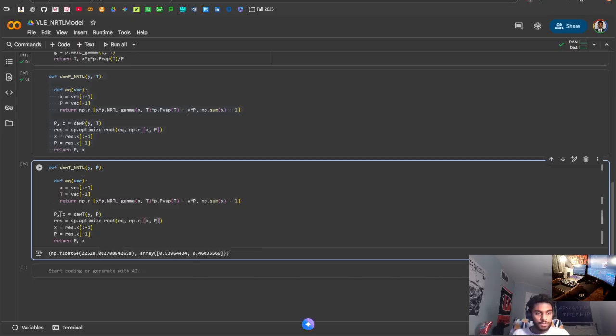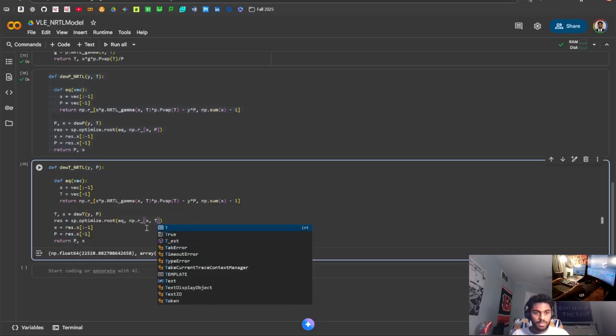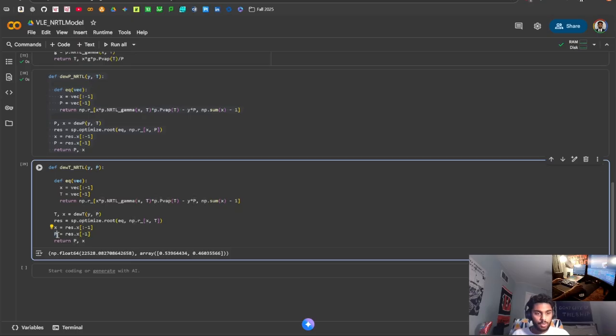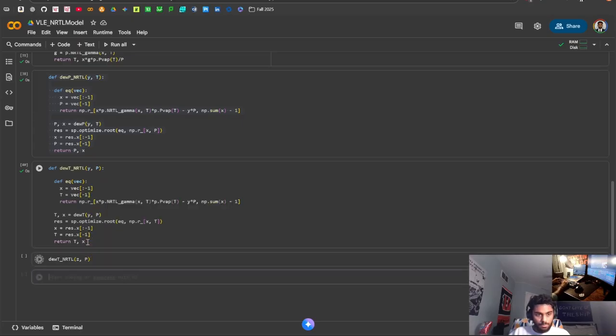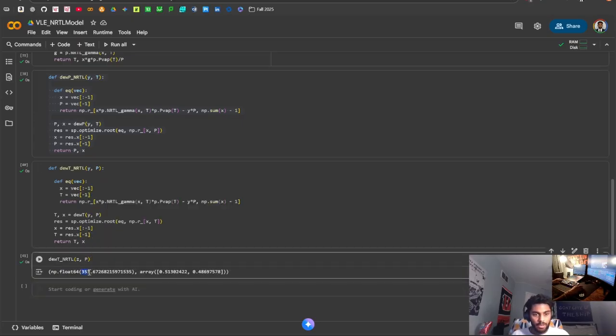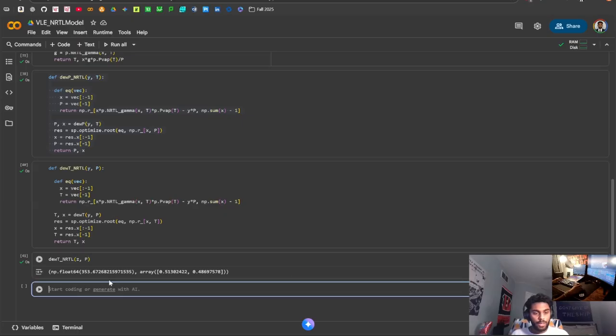So we're going to pull out our temperature and our mole fraction, use that as inputs for our roots, pull out our temperature here, and return it. And if everything has gone according to plan, there we go. We have our dew temperature and we have our compositions as well. Now, if we compare this and our dew pressure, so let me just do that.